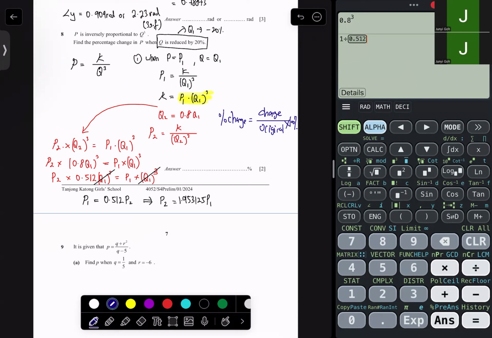Original was P1, new is 1.953125 P1. So the percent change will be equal to 0.953125 over 1 times 100, which will give me 95.3125. I'll leave the answer in exact form.